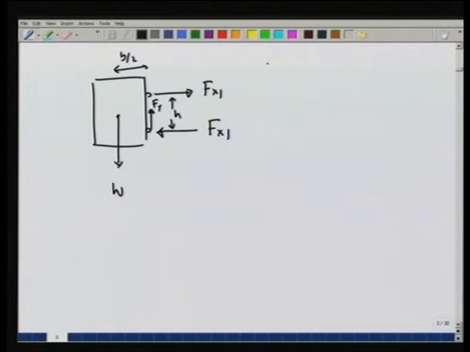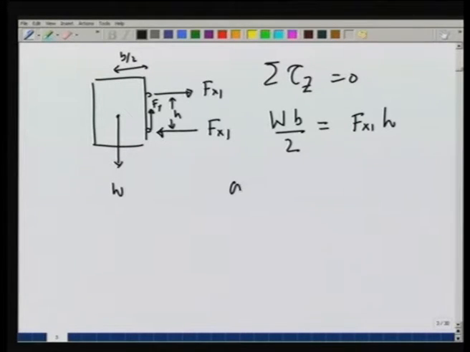So, summation tau z is equal to 0 gives me W times b over 2, that is the couple due to F y and W, should be equal to F x 1 times h, or F x 1 is equal to W b over 2 h.